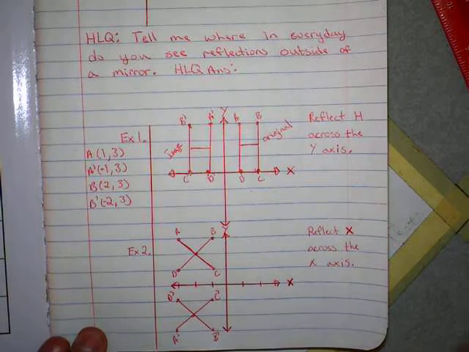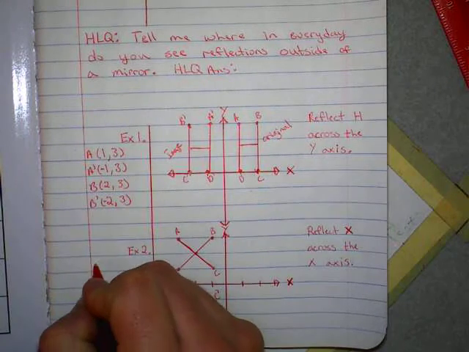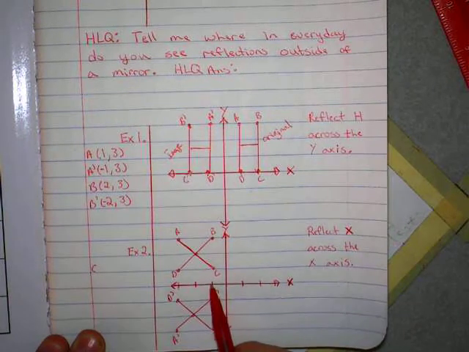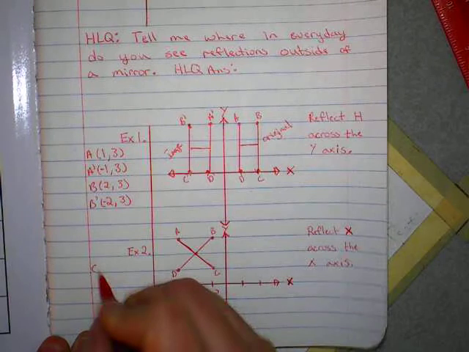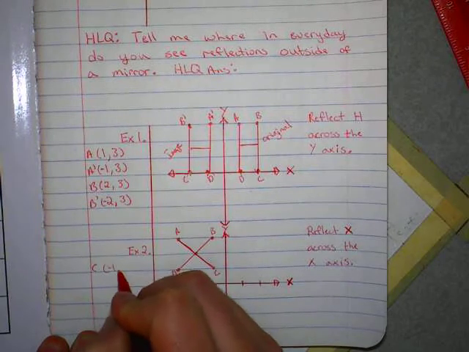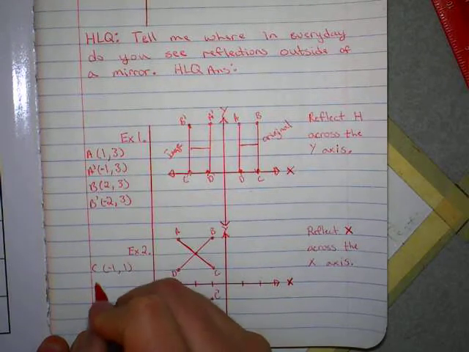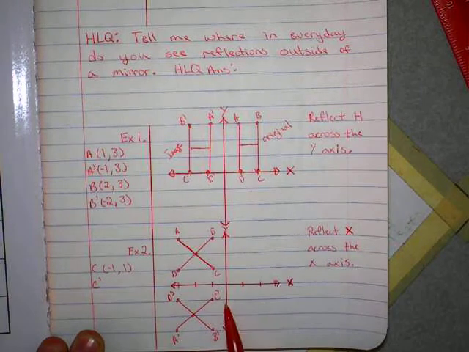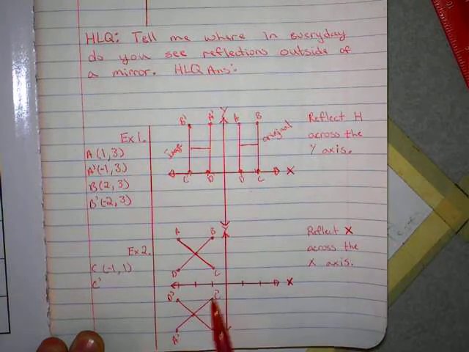So let's look at the point C first. C has a location of negative 1, positive 1. So our point is negative 1, comma, positive 1. Whereas for C prime, we're still negative 1 on our x-axis, but negative 1 also on our y-axis.